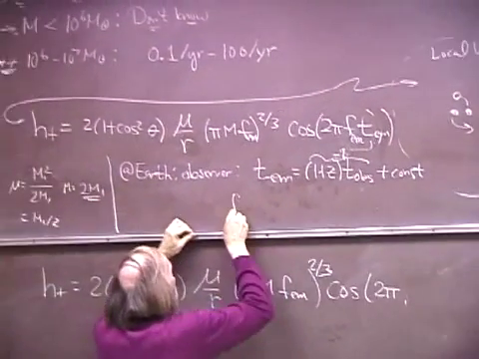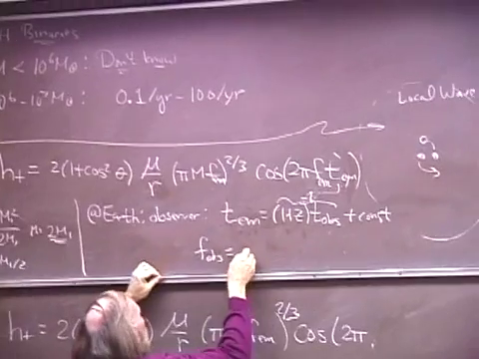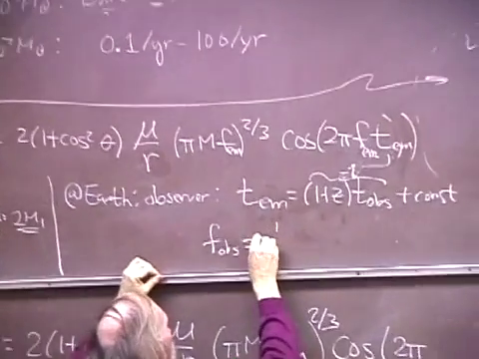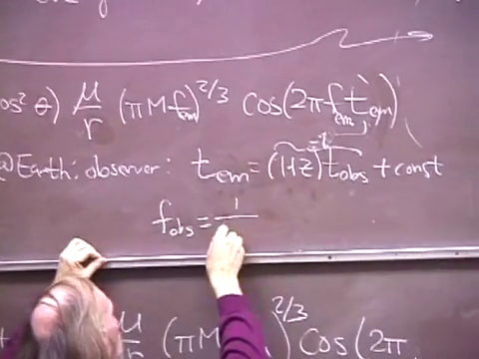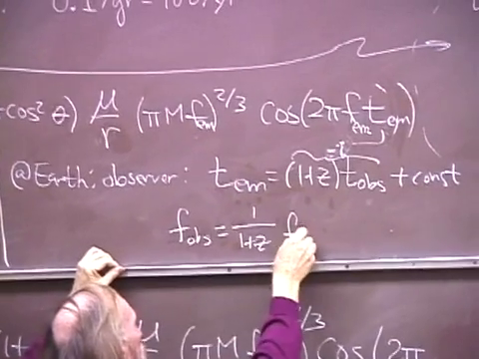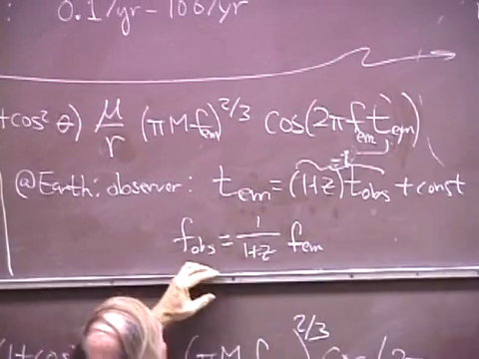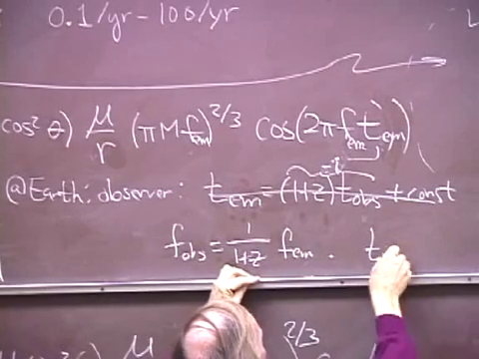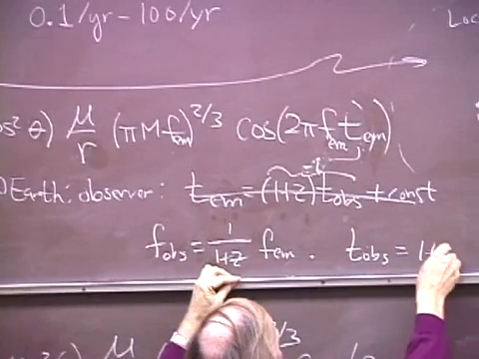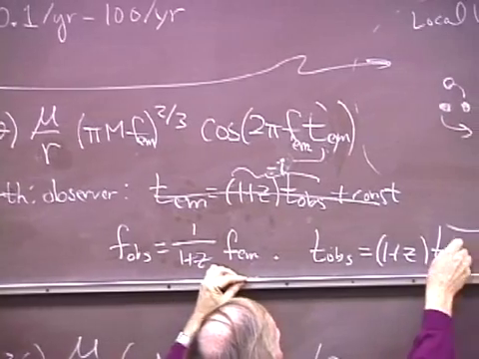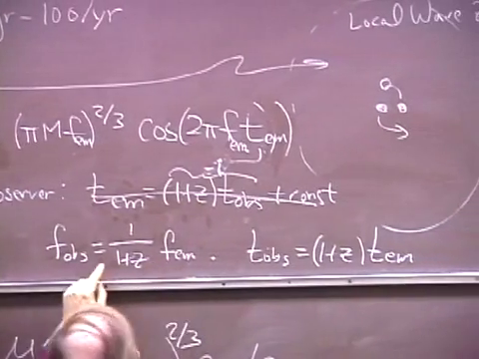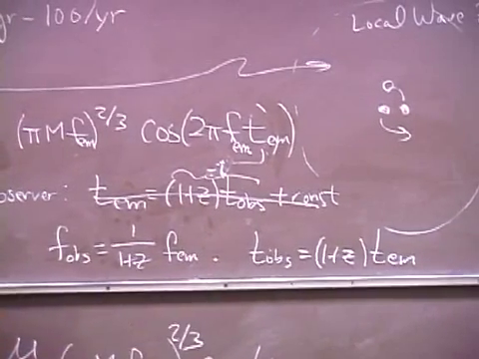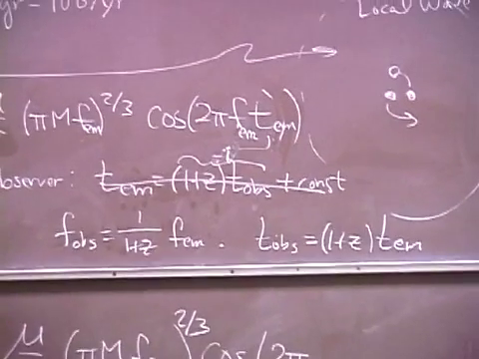So we have that F observed is equal to 1 over 1 plus z times F emitted. And we have that T observed is equal to 1 plus z times T emitted, so that the product of F observed times T observed is the same as F emitted times T emitted.